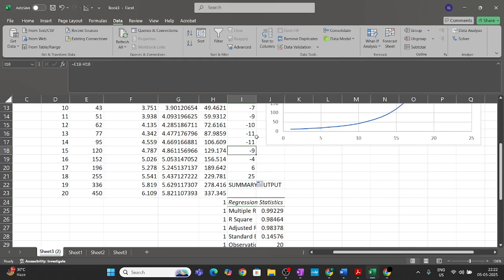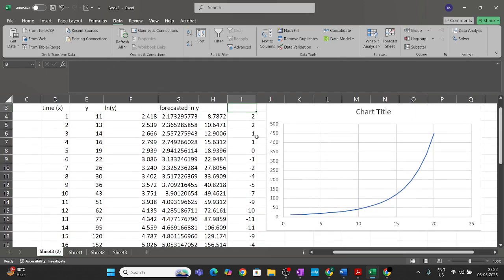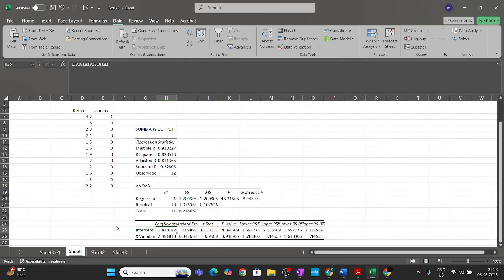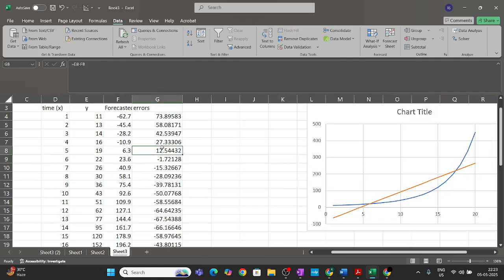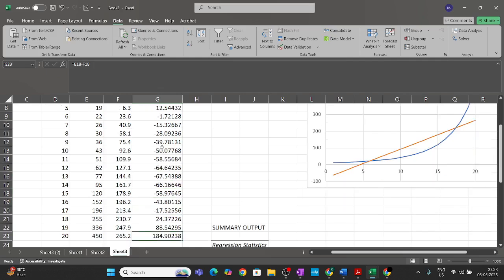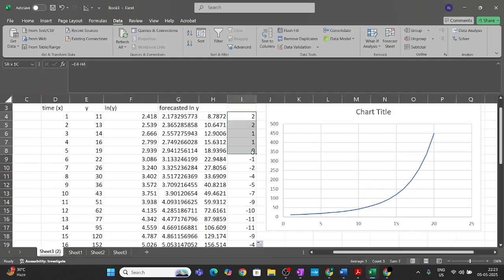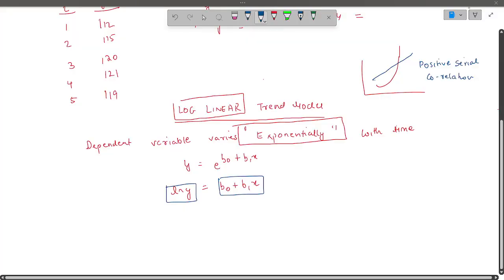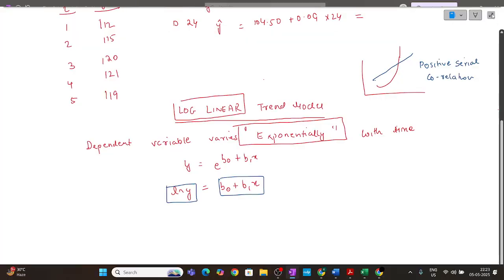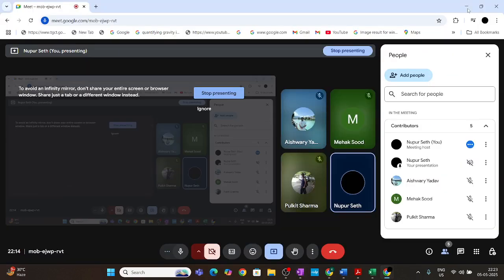कैन यू अंडरस्टैंड दिस कि पहले कितना एरर था और अब कितना एरर है। पहले देखो ये इतना इतना बड़ा बड़ा एरर्स था, अब कितना छोटा छोटा एरर्स रह गया। आर यू गेटिंग द आइडिया गाइस? सो इफ एरर्स आर लो, द मॉडल इज गुड। एनी डाउट्स प्लीज बोलो। No doubt.